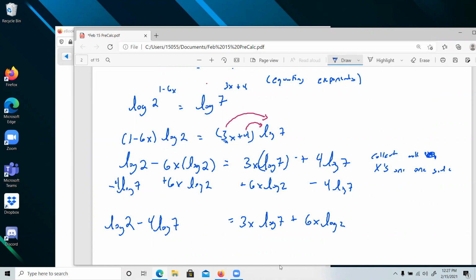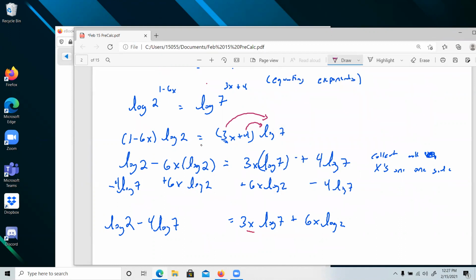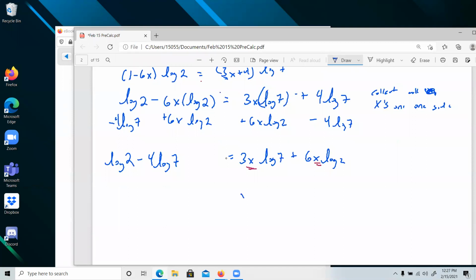Log 2 minus 4 log 7. All right. And again, here we find ourselves in another position, where this x is common to both of those terms. We're going to factor that out. So this is x times 3 log 7 plus 6 log 2, and that is equal to, we're just going to leave this alone.